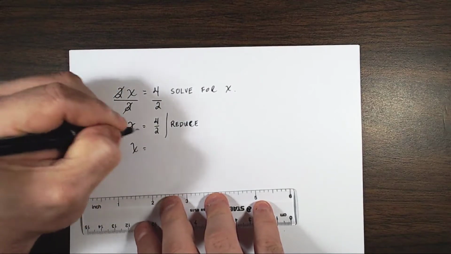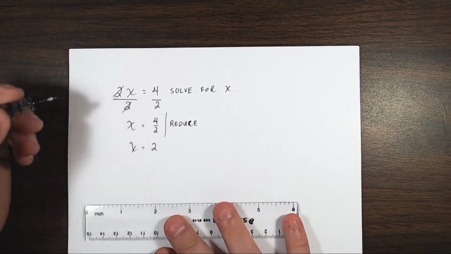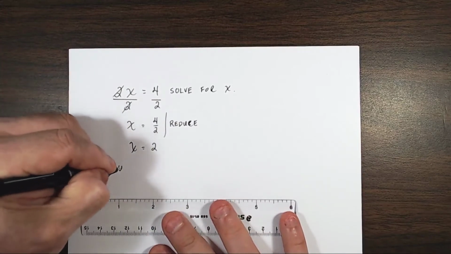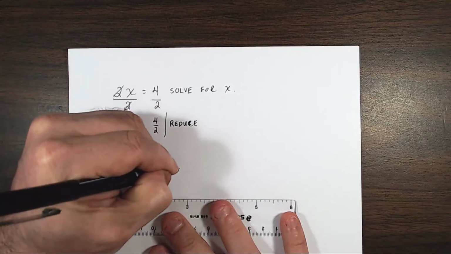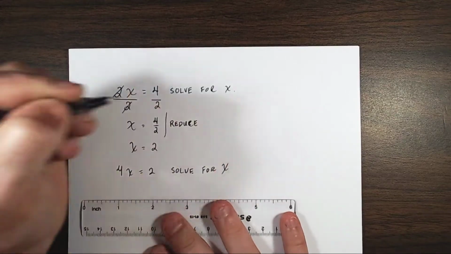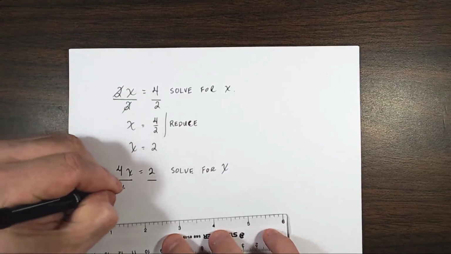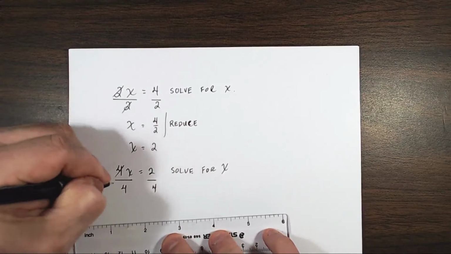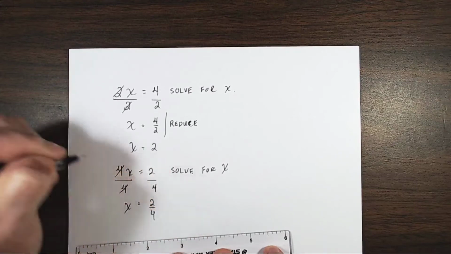X equals 2. Right, now imagine a situation where it was reversed. Let's try 4x equals 2. Solve for x. Okay, in this case, we're going to divide both sides by 4, and we have x equals 2 over 4.